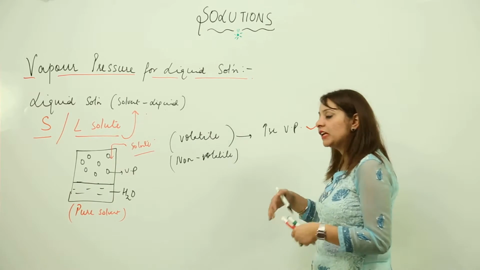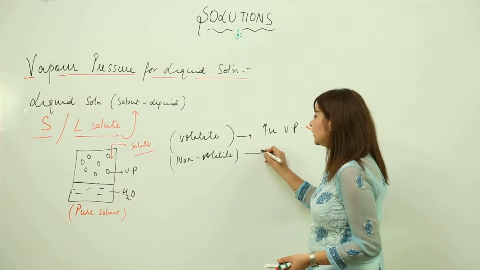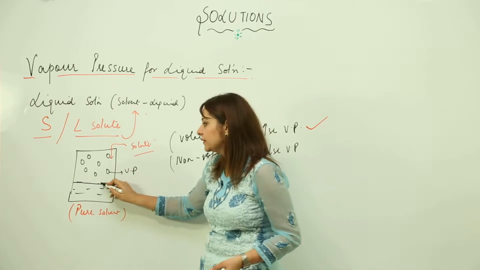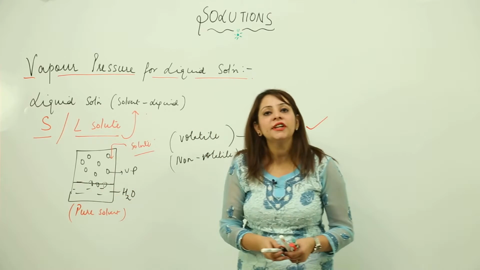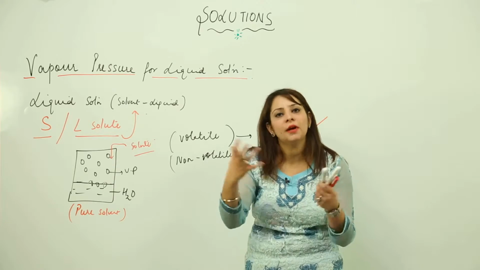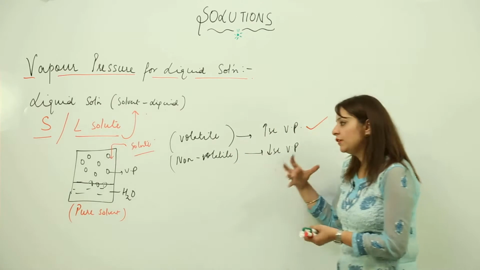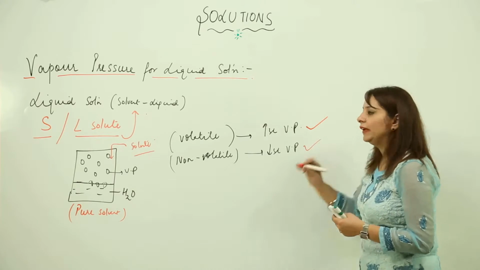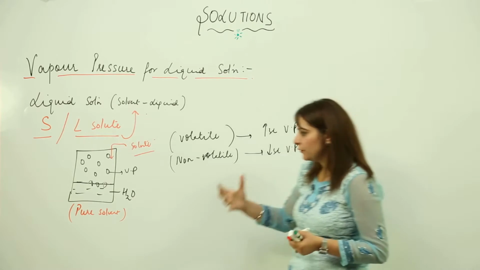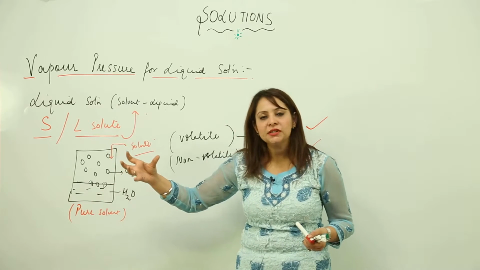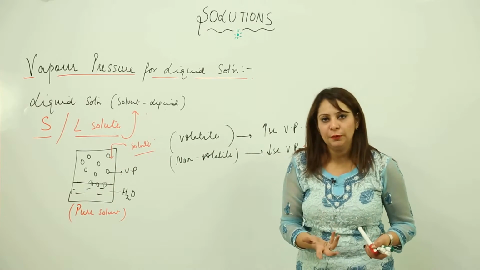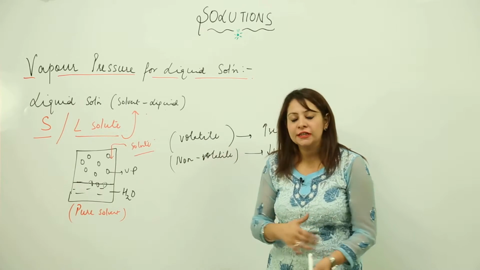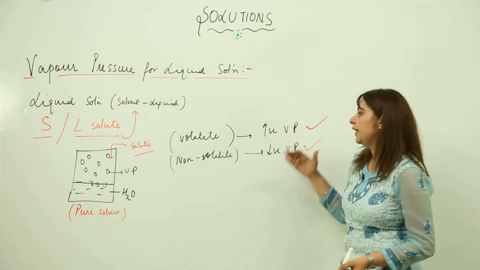So if it doesn't form any vapors, it is going to decrease the vapor pressure, as some of its molecules will occupy the surface and offer hindrance to the solvent particles getting evaporated. So obviously they are going to decrease the vapor pressure of the solution. So this is what we can have. Again, as I have told you, pure solvent always has some vapors and exerts some vapor pressure. And when we add some solute, depending upon whether it is volatile or non-volatile, it is going to affect the vapor pressure.